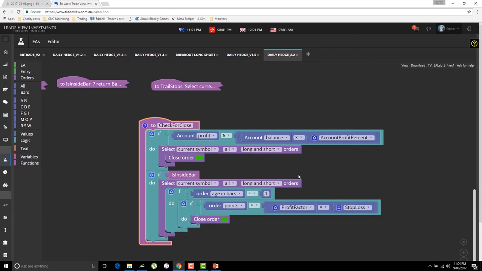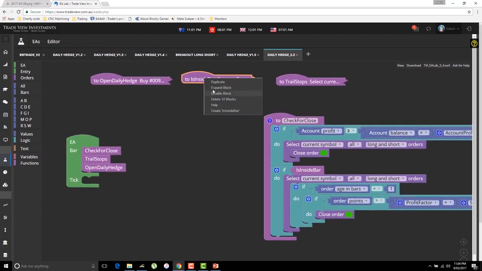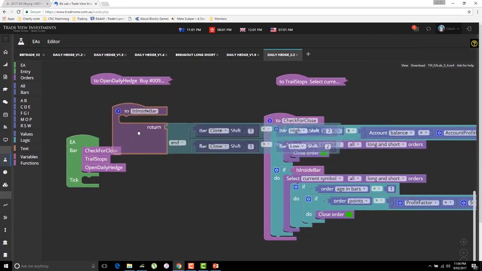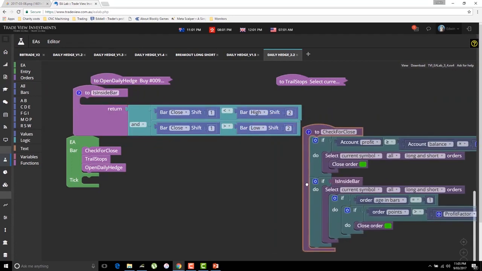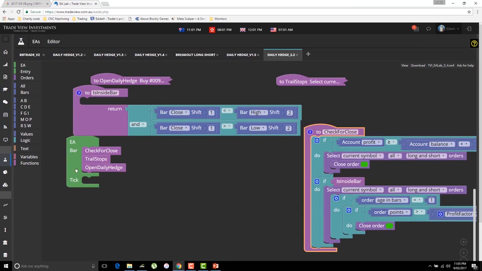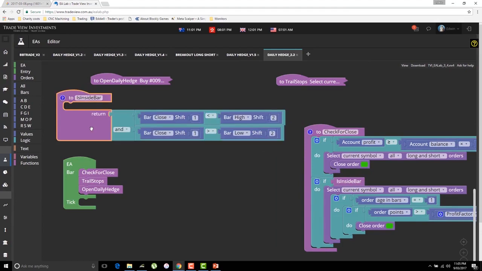If it's not, which will probably be most of the time, we're going to check to see if it's an inside bar. We've built up that inside bar logic the same as before in one of these blocks. I'll leave that for a second so you guys can copy it if you want to. That's just the inside bar logic in one of these functions.